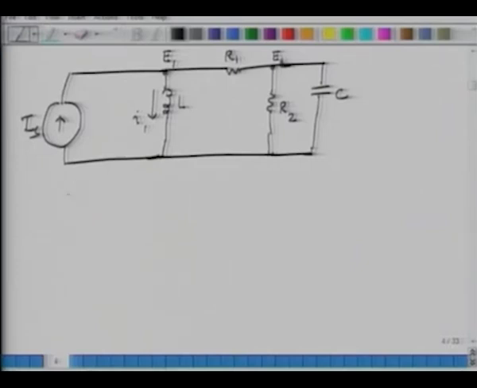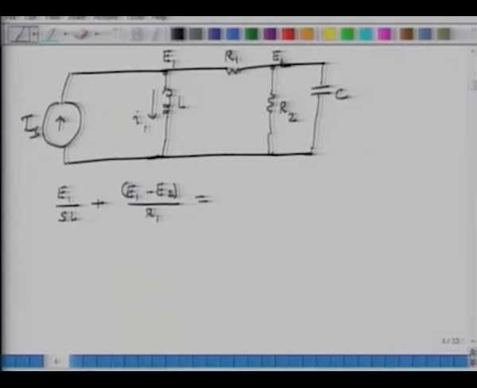So my first equation becomes E1 over SL, which is essentially I1, plus E1 minus E2, which is the potential difference across the resistive element R1, so the current through that will be that whole thing divided by R1. That equals, what will come on the right side?